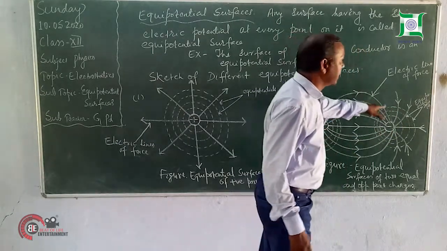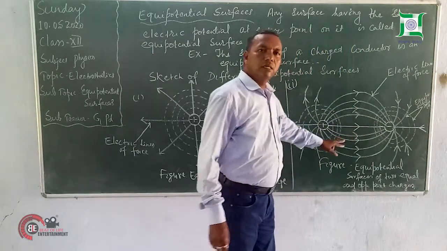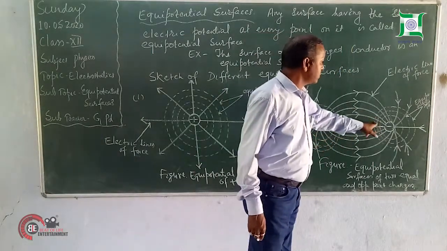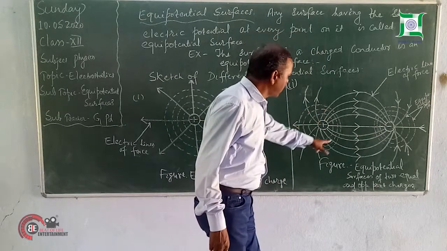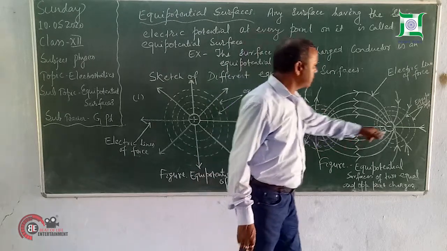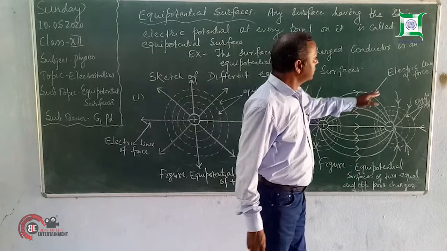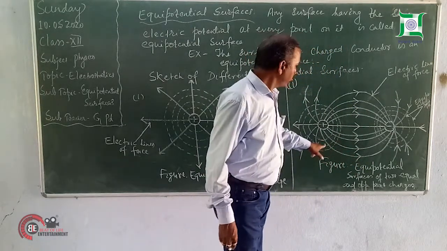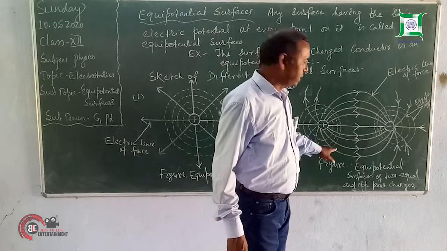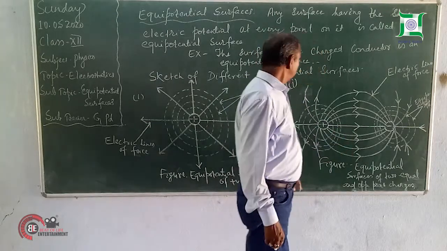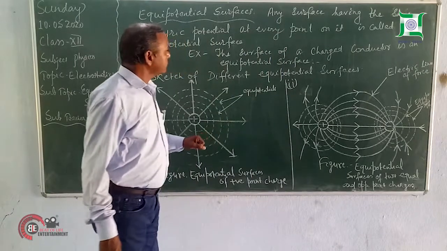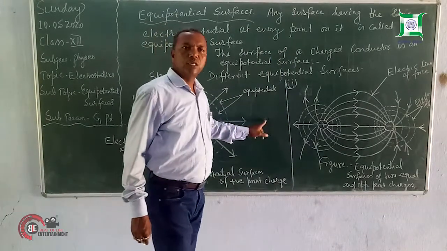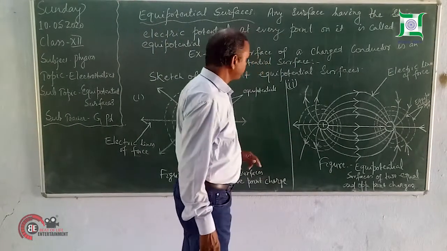So these full curved lines represent electric lines of force, and these dashed curved lines represent the equipotential surfaces of two equal and opposite point charges. So these are the equipotential surfaces in the two cases.